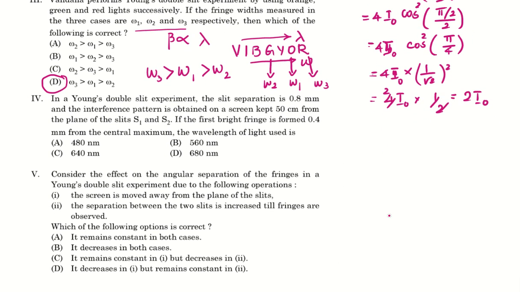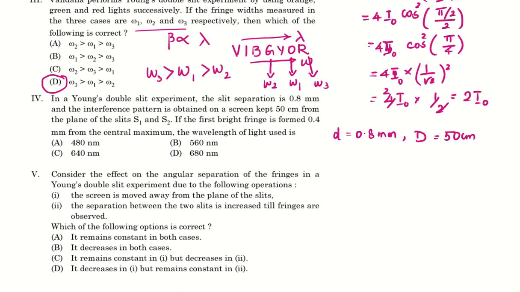Next question. In a Young's double slit experiment, the slit separation is 0.8 millimeter. What does it mean? It is the d value, 0.8 millimeter. And the interference pattern is obtained on a screen kept at 50 centimeter, which means the screen distance D is 50 centimeter.